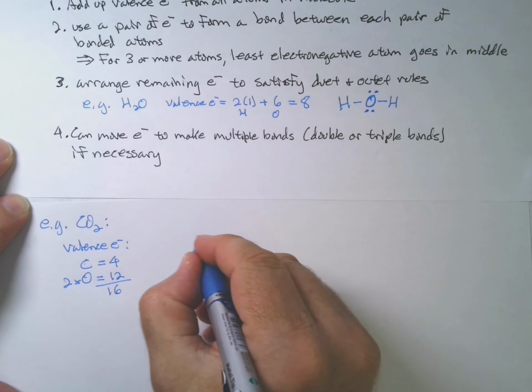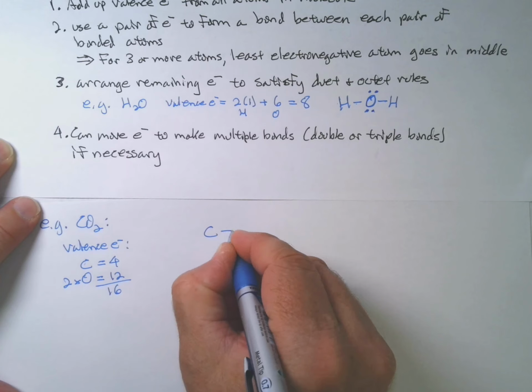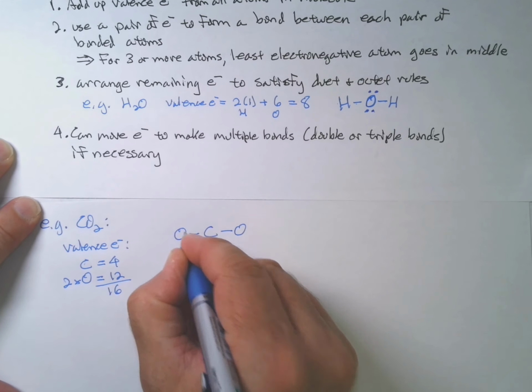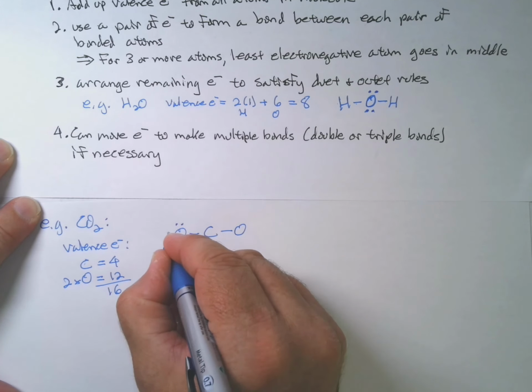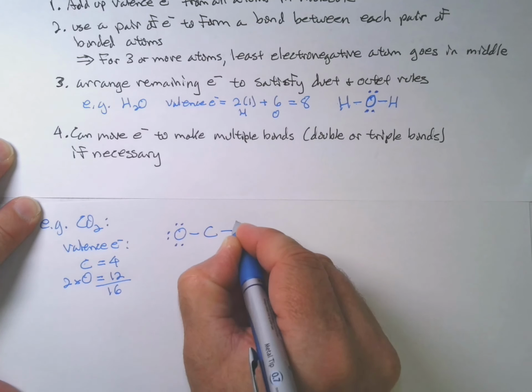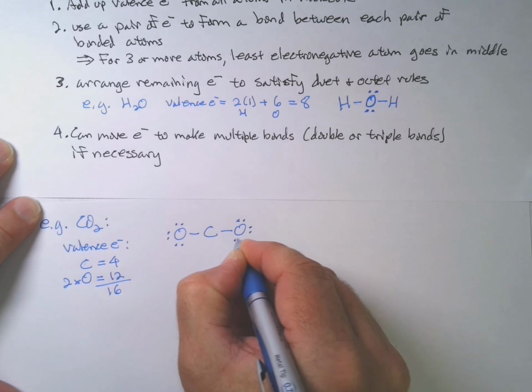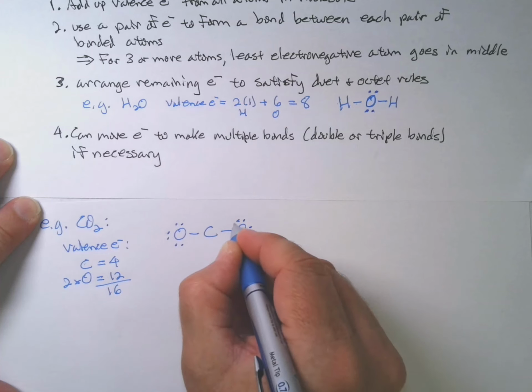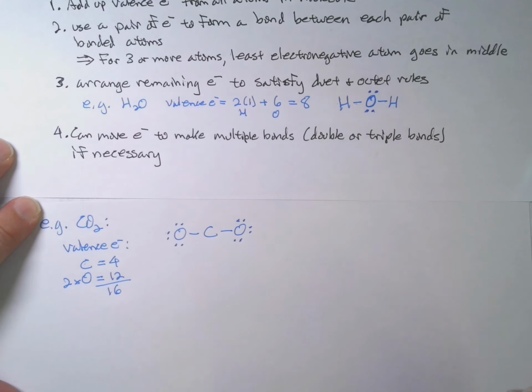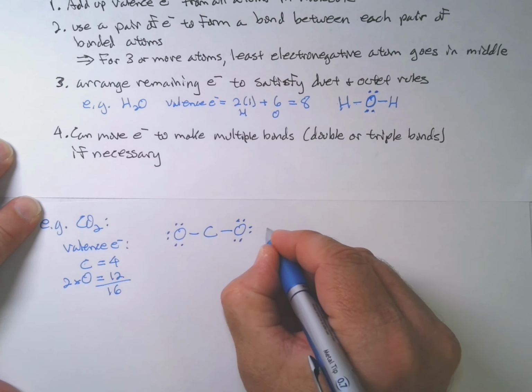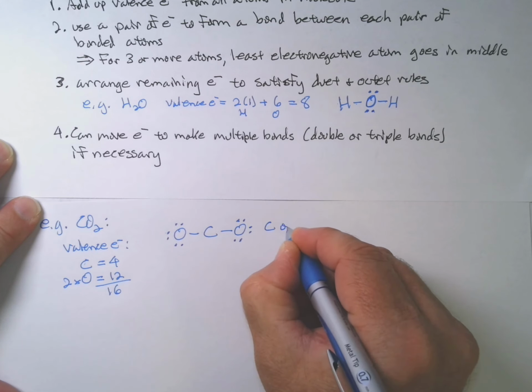So I'll stick my carbon in the middle, bonded to the 2 oxygens, and now I'll start putting electrons around. 2, 4, 6, 8, 10, 12, 14, 16. There we go. But carbon here only has 4 valence electrons.